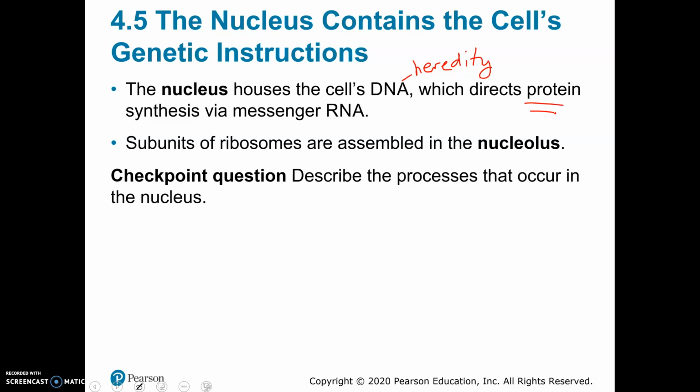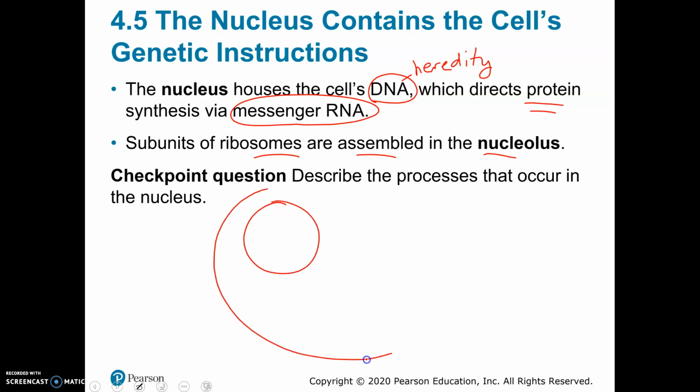Remember, DNA does not actually leave the nucleus. What actually builds protein is messenger RNA at a location called ribosomes. And then the ribosomes are actually built by a part in the nucleus called the nucleolus. So if you have here a cell, and this is your nucleus, this is where your DNA is. Now, when a cell is not dividing, you don't actually see chromosomes.